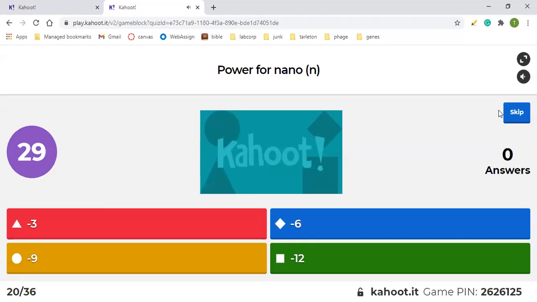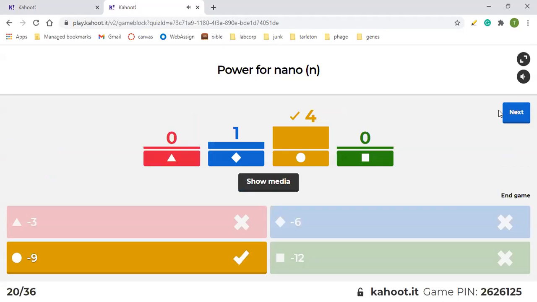And now we're to our prefixes. So nano, or lowercase n, is going to be your -9 power, 10 to the -9th, if you ever have to convert from anything nano.